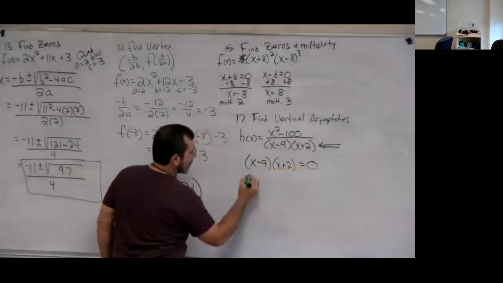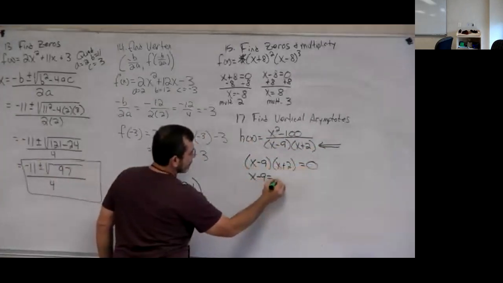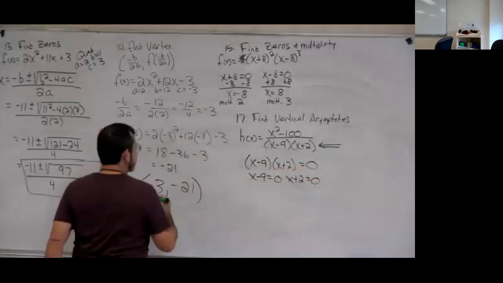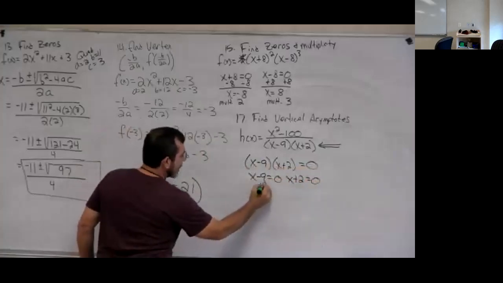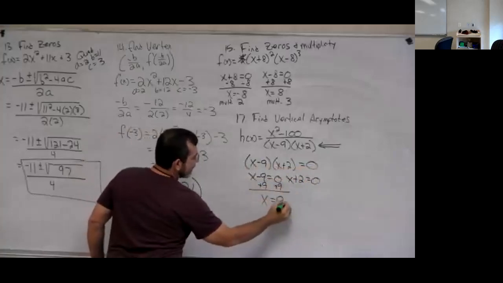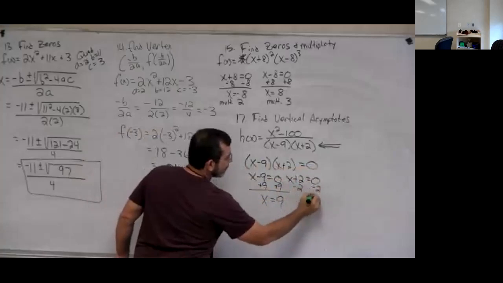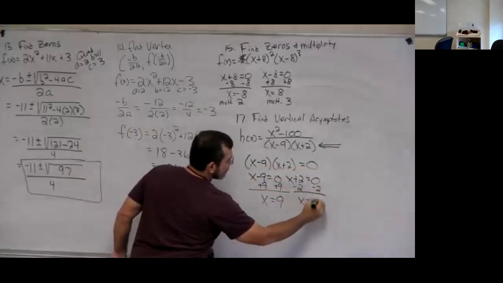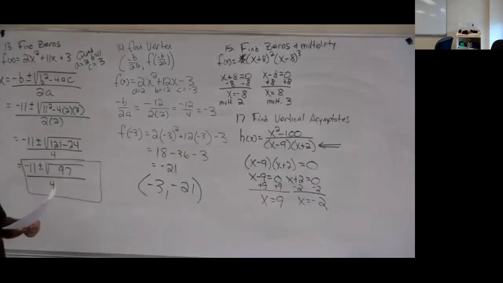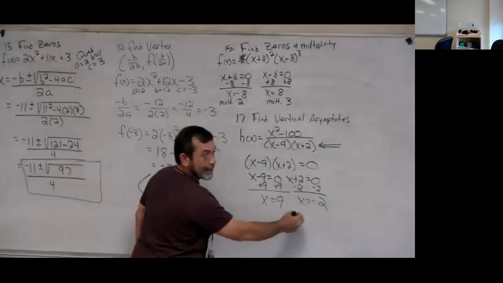And then solve both of these. All right, so first one I add 9. You're going to get x equals 9. Second one I want to subtract 2 and get x is negative 2. Now, watch out, because these got to be x's, okay?